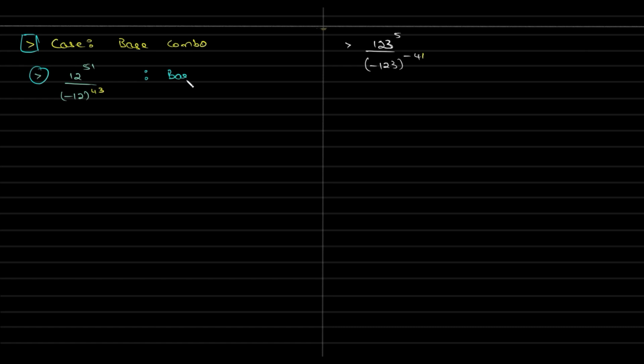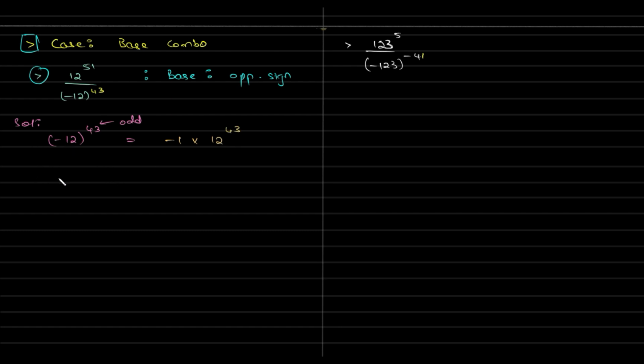The base is of opposite sign. So you know what to do. We're looking at negative 12 and positive 12. So let me convert negative 12 to something which is convenient. So this is an odd number. So the negative will result in negative 1 into 12 to the power of 43.